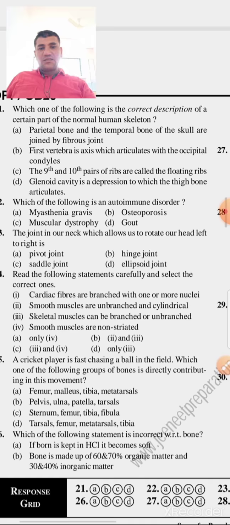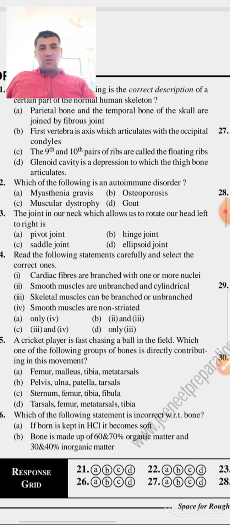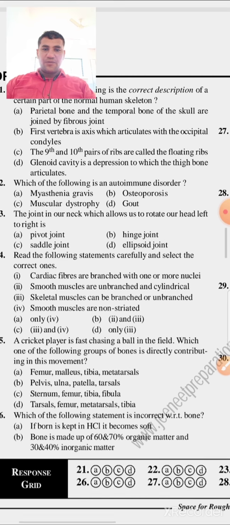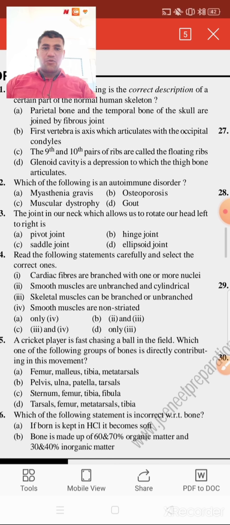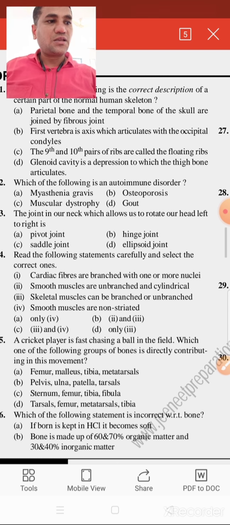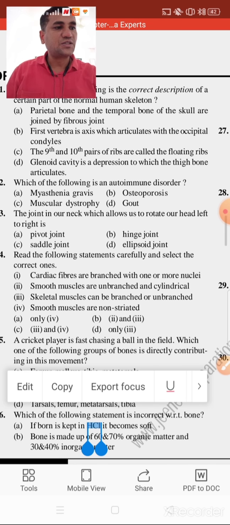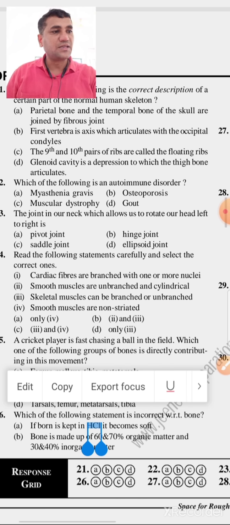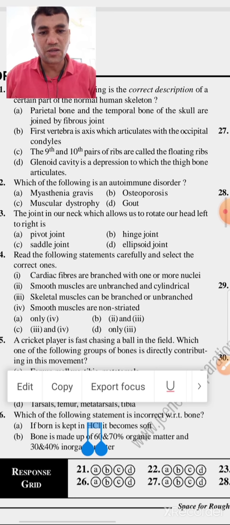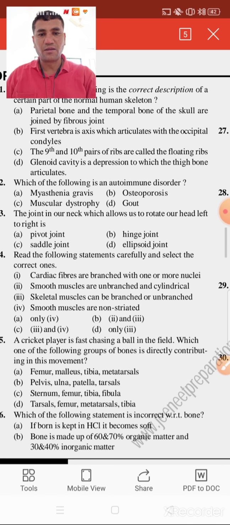So from this, here bone is mostly made up of inorganic matter, that is calcium and its derivatives. Generally bone is made up of 60 to 70 percent inorganic matter and 30 to 40 percent organic matter.